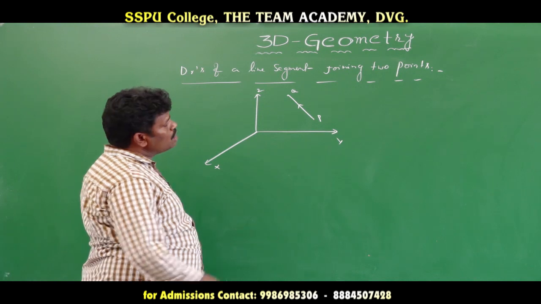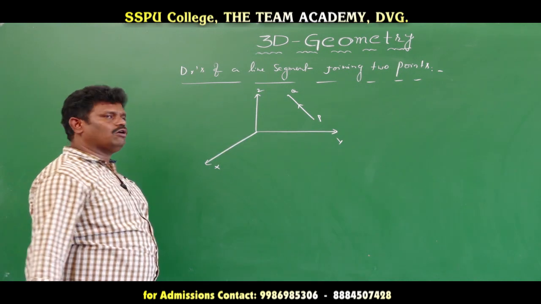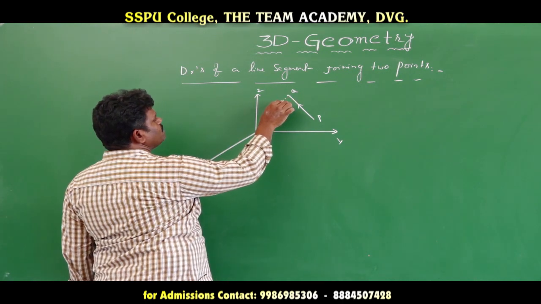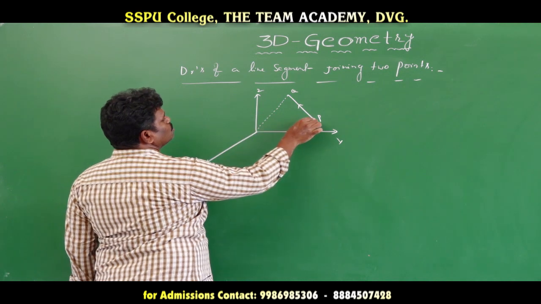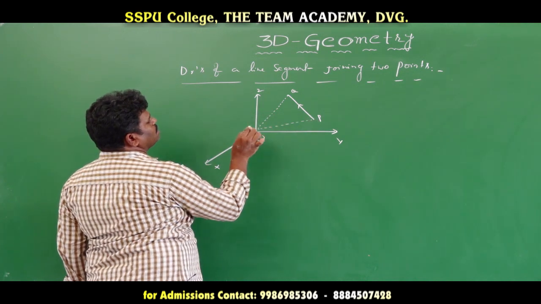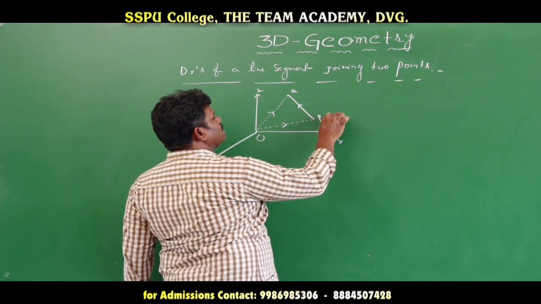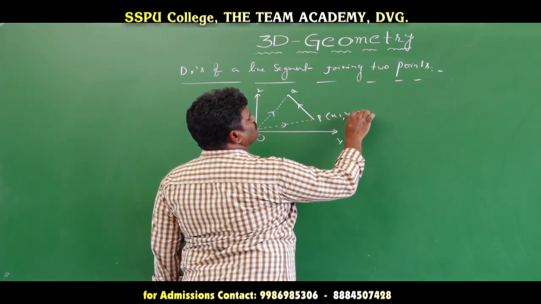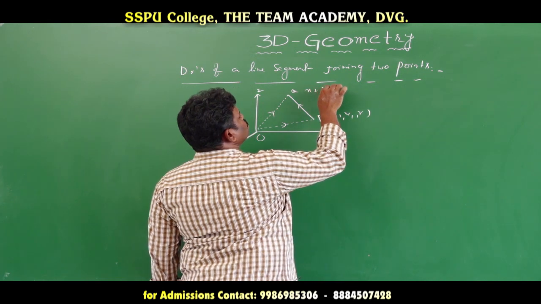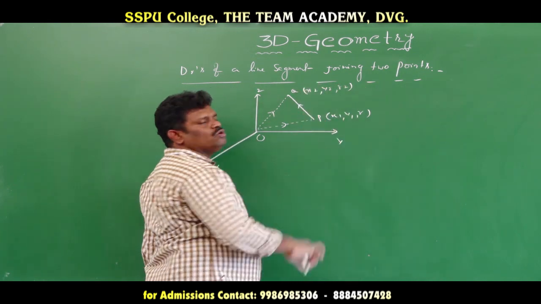To find the PQ vector, we join these 2 points with the origin. Okay? Now we consider these coordinates x1, y1, z1, and these coordinates x2, y2, z2.